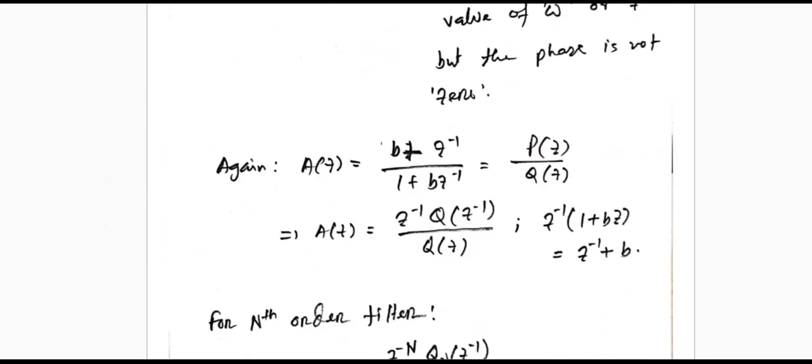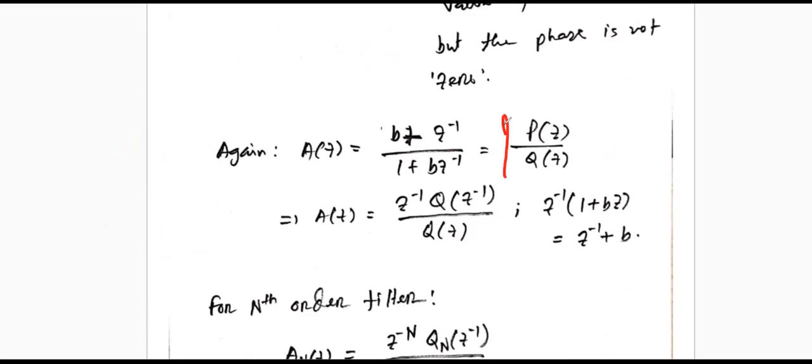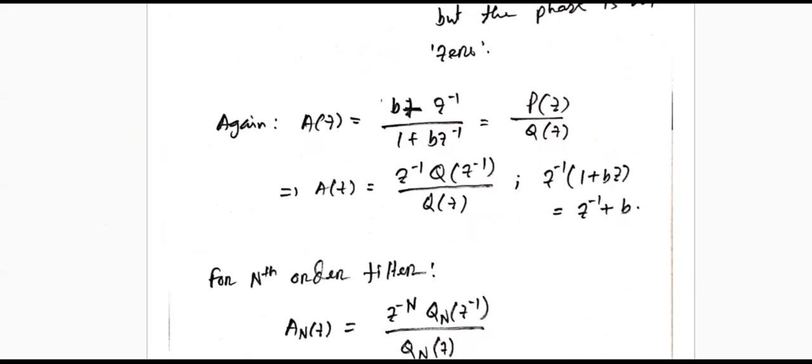So it can be presented like this. We already know that it can be presented in general like this, and we can show how these poles and zeros can be related with each other. So if this is our Q(z), that means representing the pole location, 1 plus b z to the power minus 1.